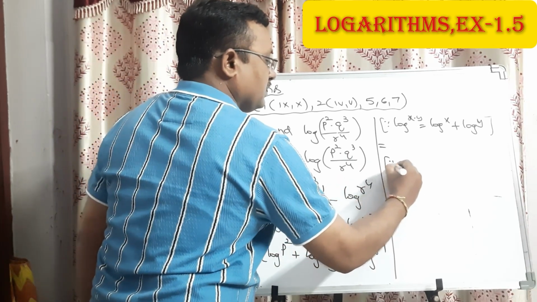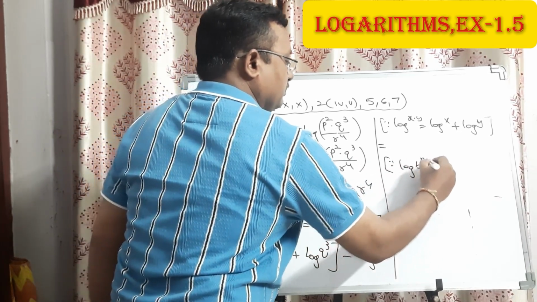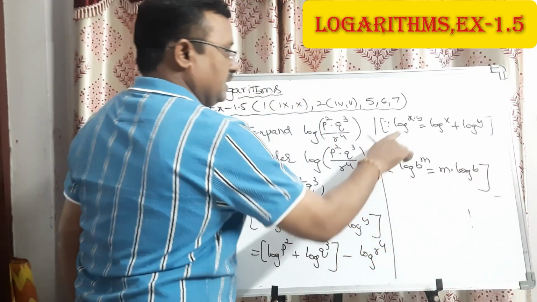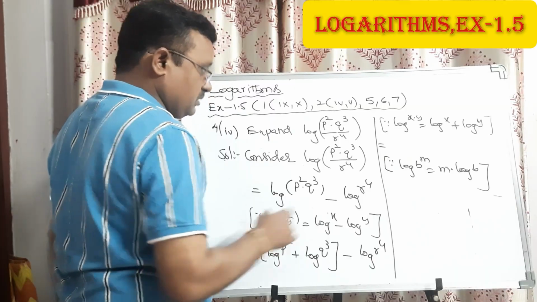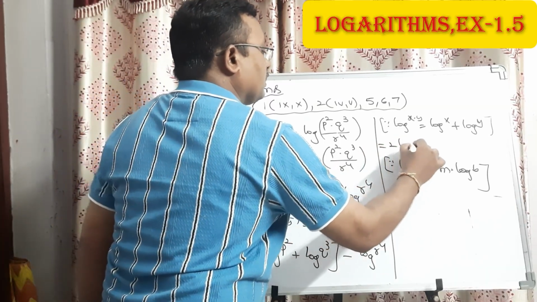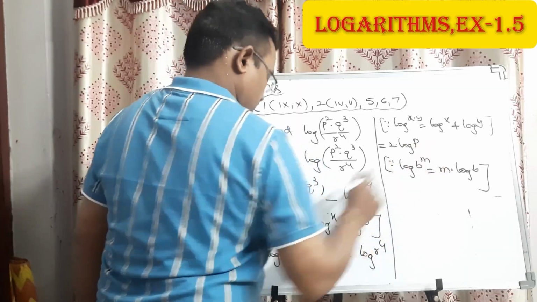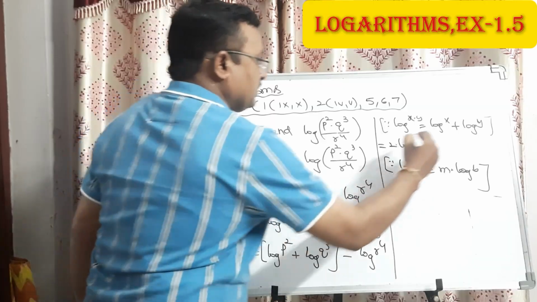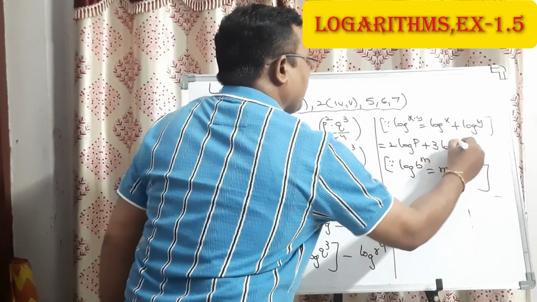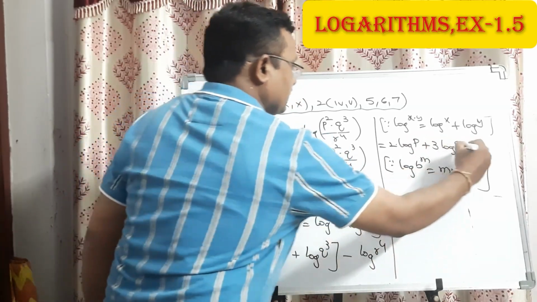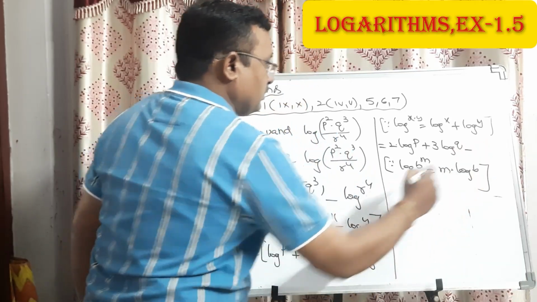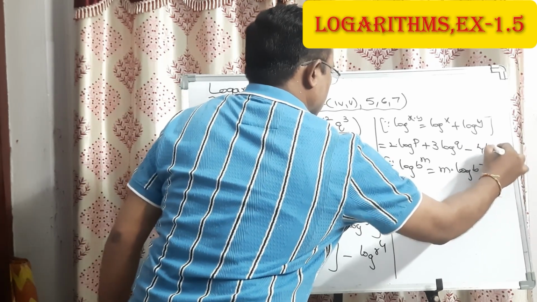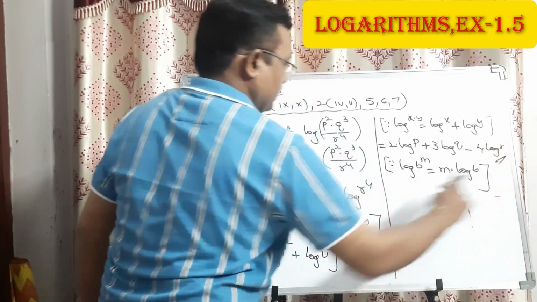Since log b power m is equal to m into log b, this term can be written as 2 into log p plus 3 into log q minus 4 into log r. That's it. This is the final answer.